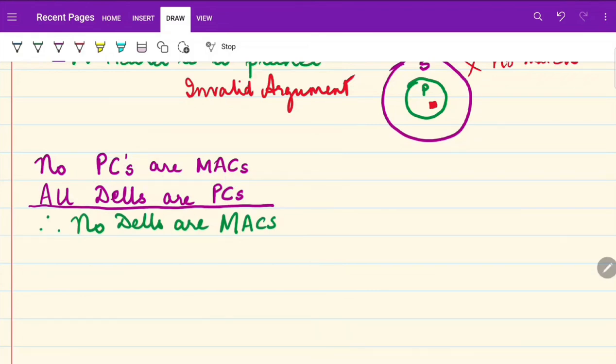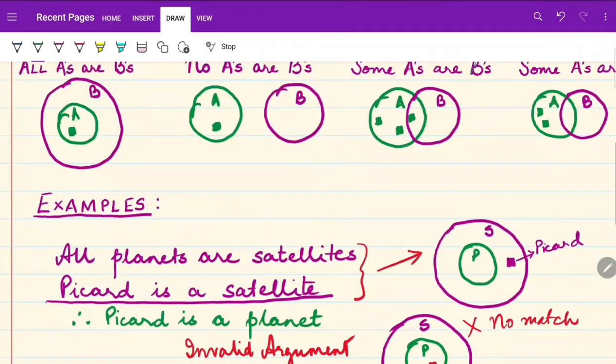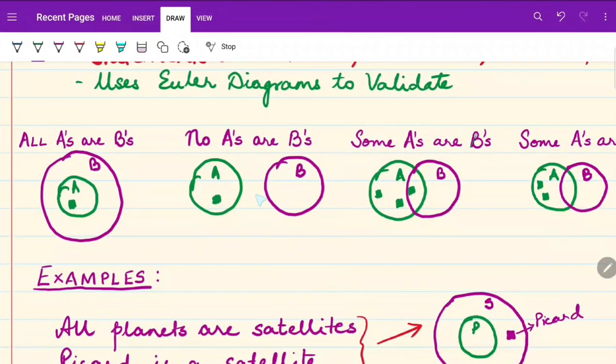This would mean that we have two sets here. We have one for PCs, this PC, and then another one for Macs. But since no PCs are Macs, it's going to be a diagram that's going to look like the diagram we drew above. No A's are B's, correct?